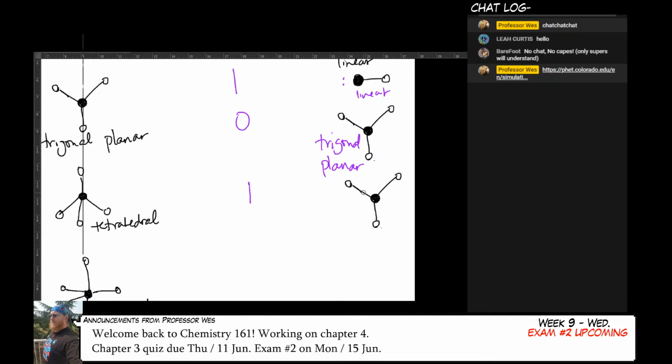That would be like doing this. Whoop, goodbye. And so now the shape that I've made is no longer a trigonal planar. It's more just like a line that has been bent to a certain angle. And so we actually just call it that. We call this bent. You might also see the term angular. But really, it's bent.